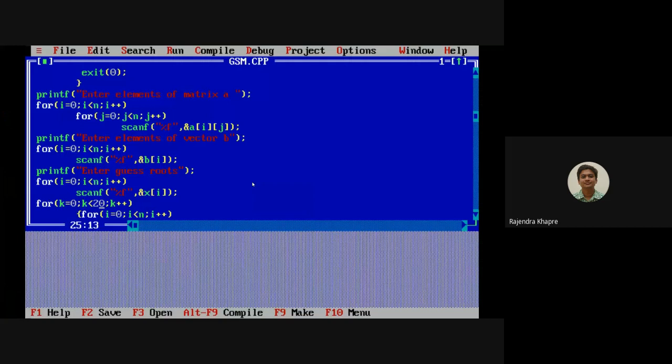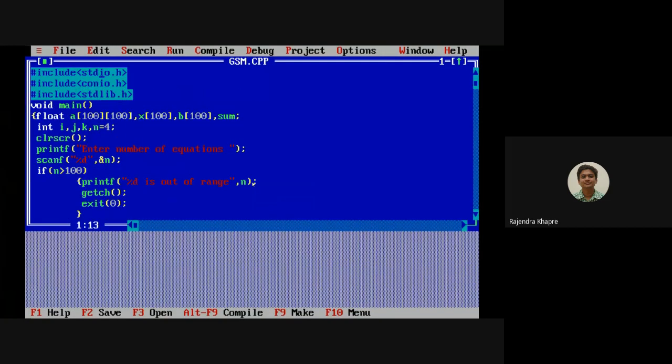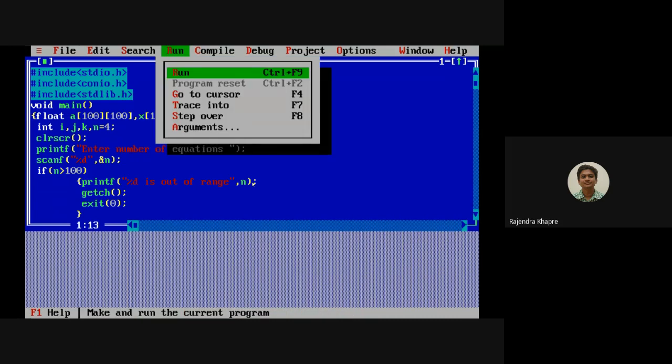This is the program written in C language for the solution of this equation using the Gauss-Seidel method. Because doing it manually takes time, I'm showing you the computer program.